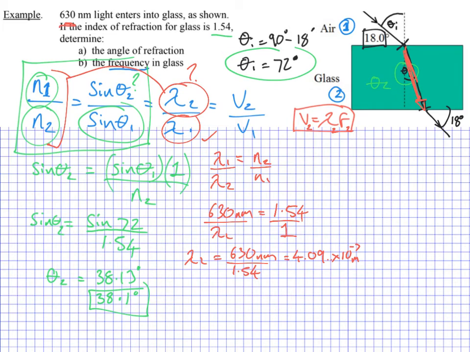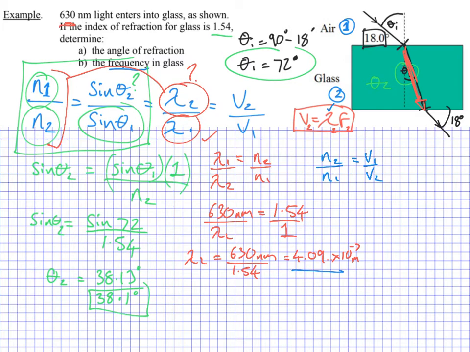Now we're going to say that N2 over N1 is equal to V1 over V2. So just to recap, we found lambda 2. Now what I'm trying to do is find V2. Again, I'm picking the bits of the equation I need.